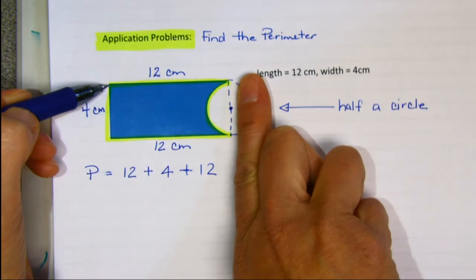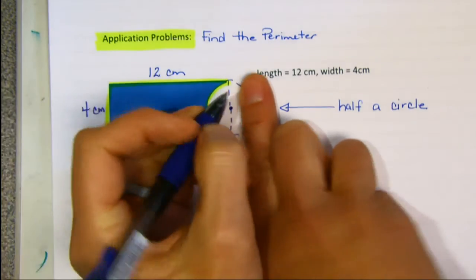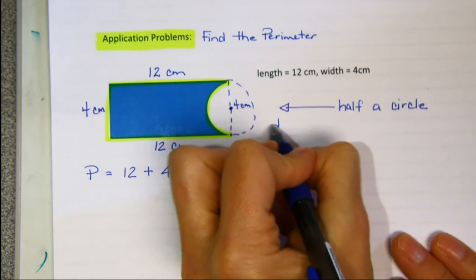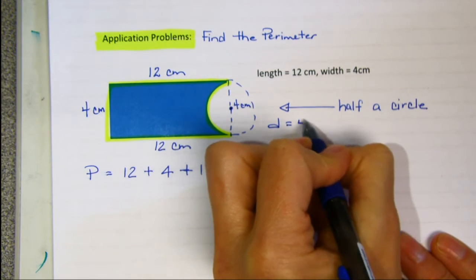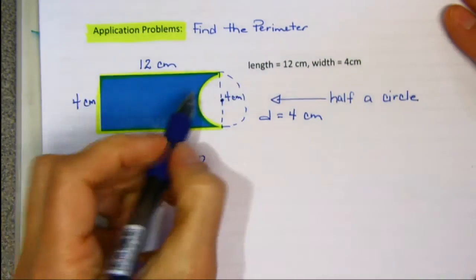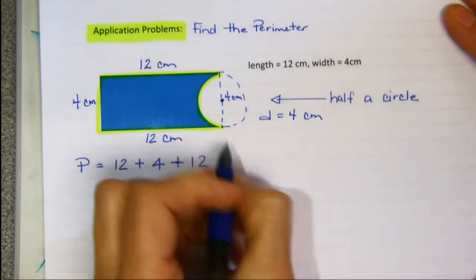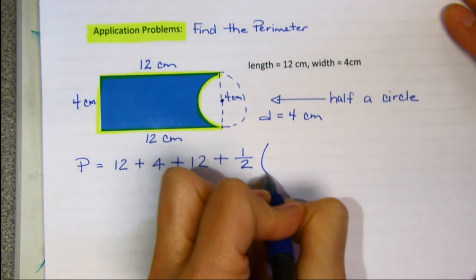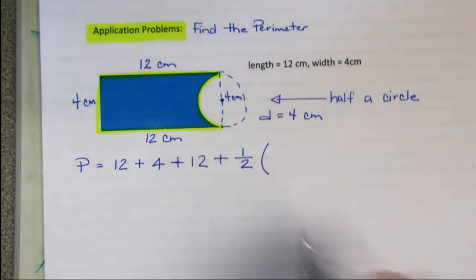Well, it's the same distance as this to this. So this has to be 4 centimeters. So that tells me the diameter is 4 centimeters. Okay, so I've added these three sides. Now I'm going to add half of my circle, and they give me diameter.